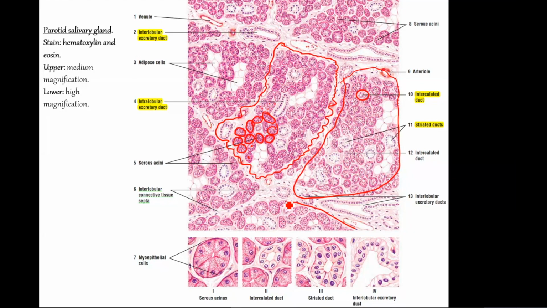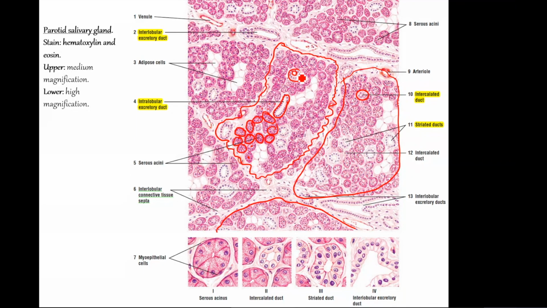And here is another lobule. So let us talk about this lobule, for example. Look at the duct here, which is pale color, cuboidal in shape, wide lumen, mainly, I think, intralobular. But here it's clear, the intralobular excretory duct.